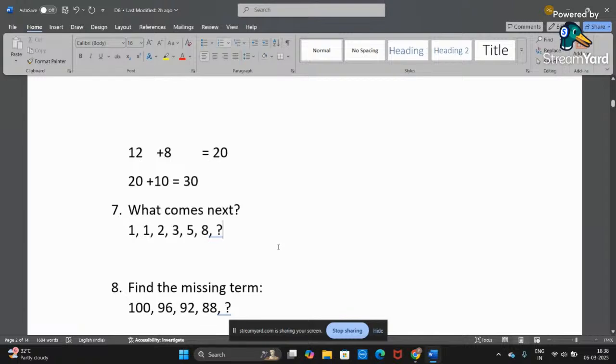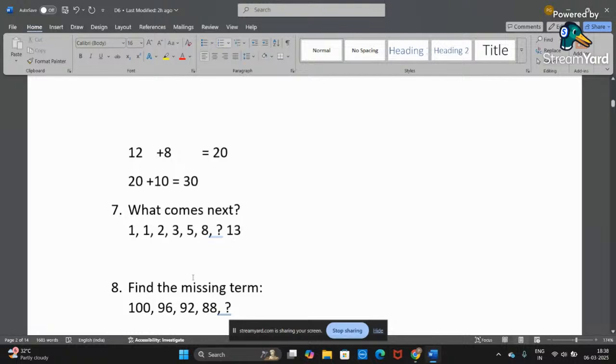What is the logic behind this? See, they're adding 1 plus 1, it is 2. 1 plus 2, it is 3. 2 plus 3, it is 5. And 3 plus 5, it is 8. So the next number should be 5 plus 8. So it should be 13, right?